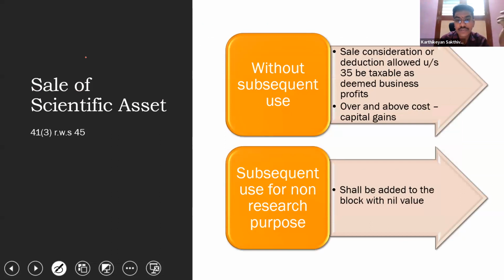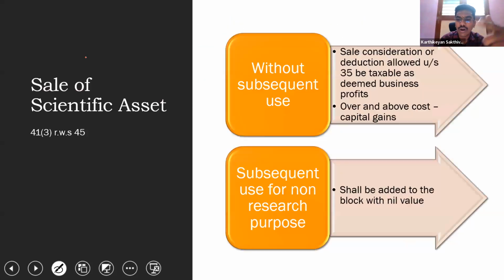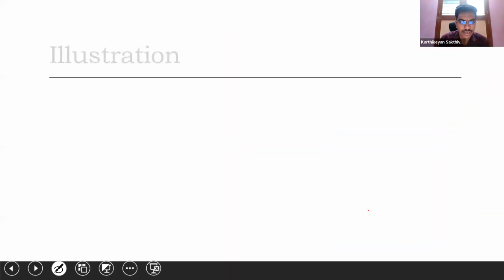So if that asset is sold without subsequent use அப்படின்னா, what you should do is sale consideration or deduction allowed under section 35, that is இங்க நம்ம எவ்வளவு deduction claim பண்ணிருக்கோம், or sale consideration, whichever is higher, shall be deemed to be the business profits. So over and above cost, it will be treated as capital gains. It will go to section 45. If it is used for subsequent use, it will be added to the block, but அதனோட value வந்து nil ஆயிடும் because already the entire deduction has been claimed, right?